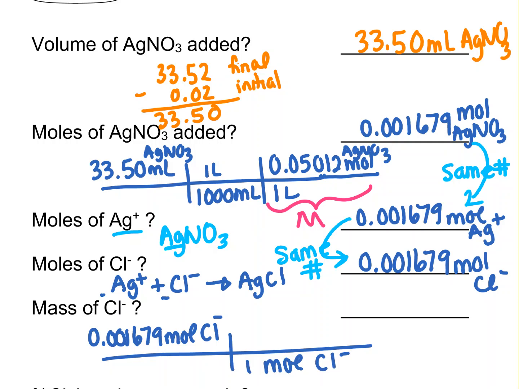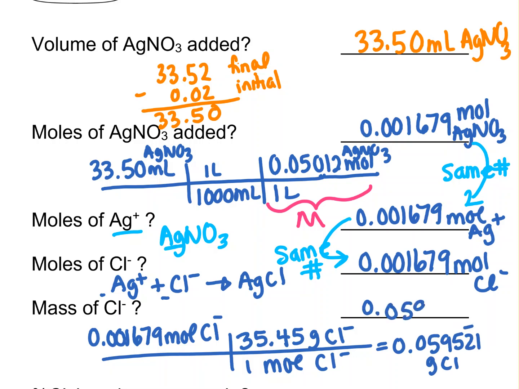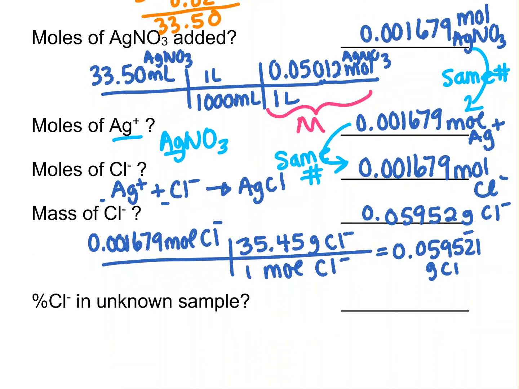Well, we'll use the atomic weight of chlorine, but we're going to use more sig figs because at this point you probably have 4 sig figs, so let's not round that off. Okay, I have been carrying extra digits, not that big a deal.